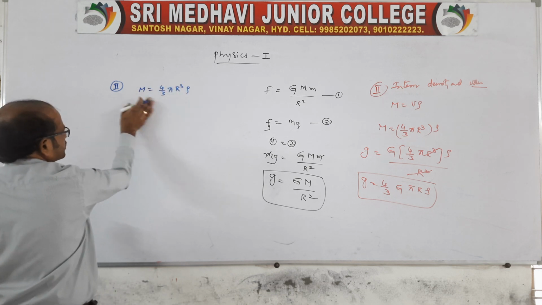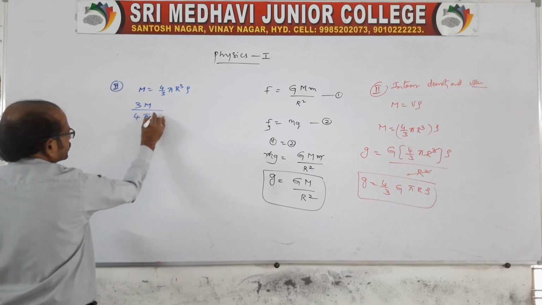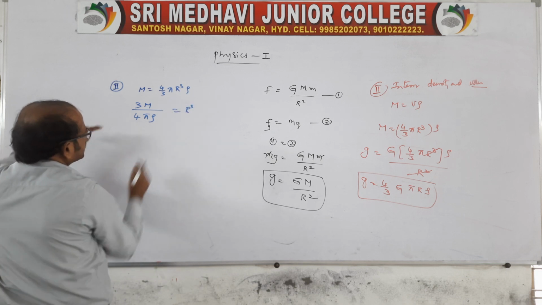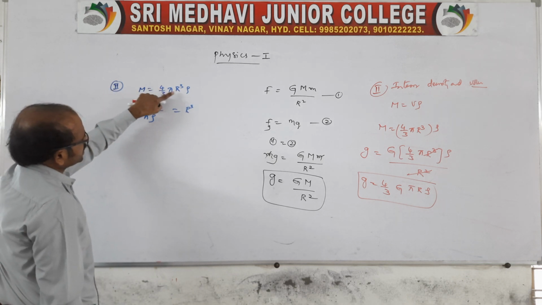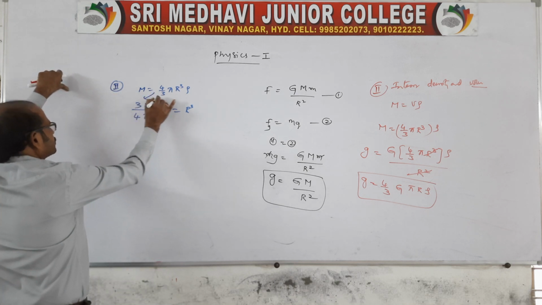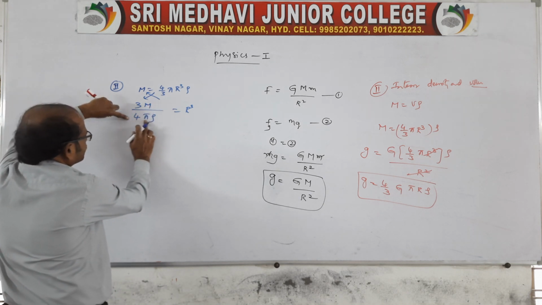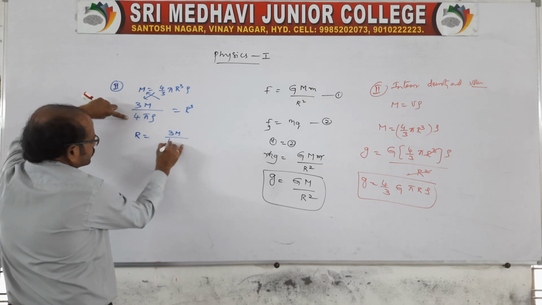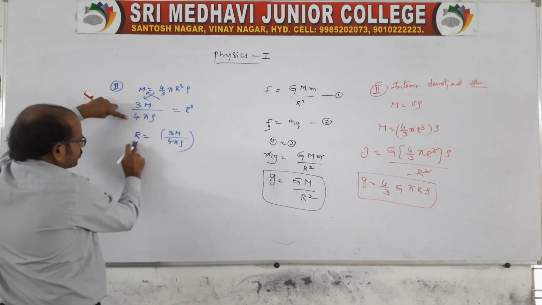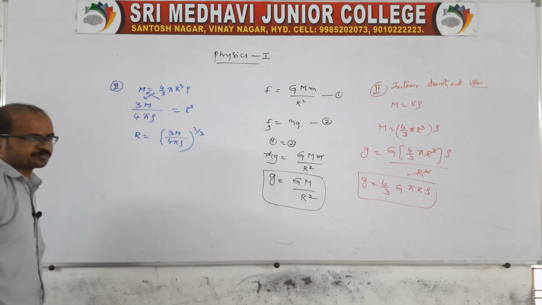Cross multiplying, 3m by 4 pi rho is equal to R cube. Because we are taking cross multiplication, 3 will come here, 3m by 4 pi rho. Now you write R is equal to 3m by 4 pi rho whole to the power 1 by 3.